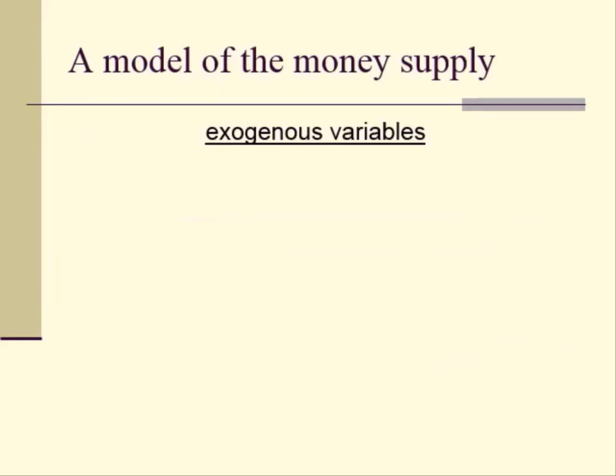Now, we want to analyze how the central bank influences the money supply with a model of money supply in a fractional reserve banking system. Let's begin this by introducing the so-called exogenous variables of this model. The first exogenous variable of the model is the monetary base.